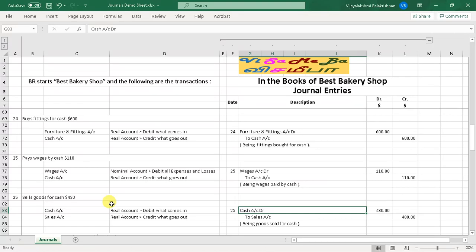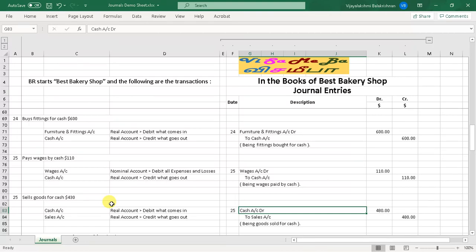Now, this is an example of cash sales where on one hand you hand over the goods and on the other hand you receive the cash. So debit what comes in, cash is coming into the business, credit what goes out, the goods are going out, and by what way are they going out? They're going out by sales.